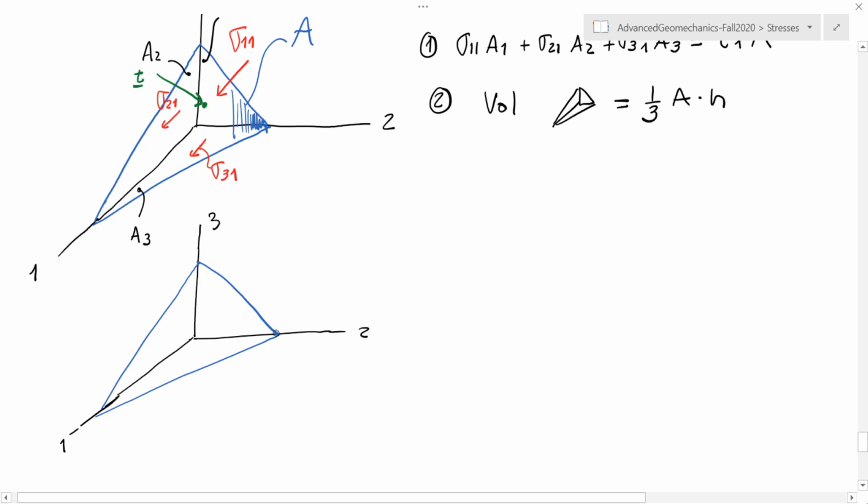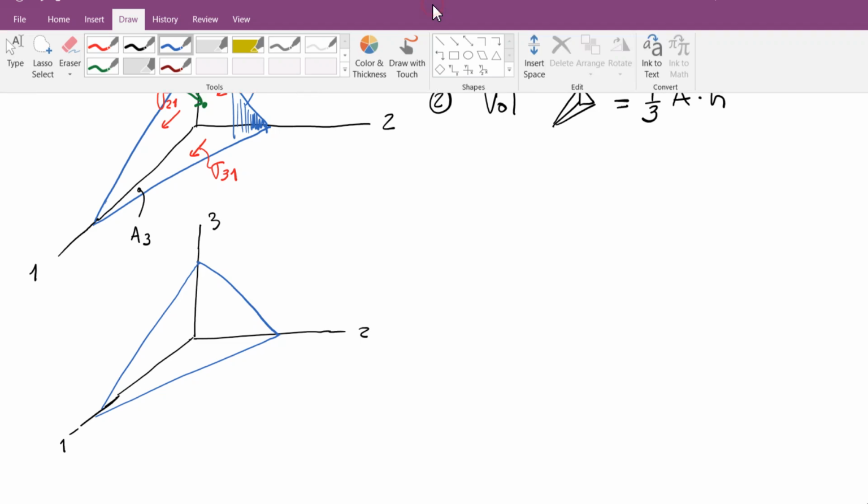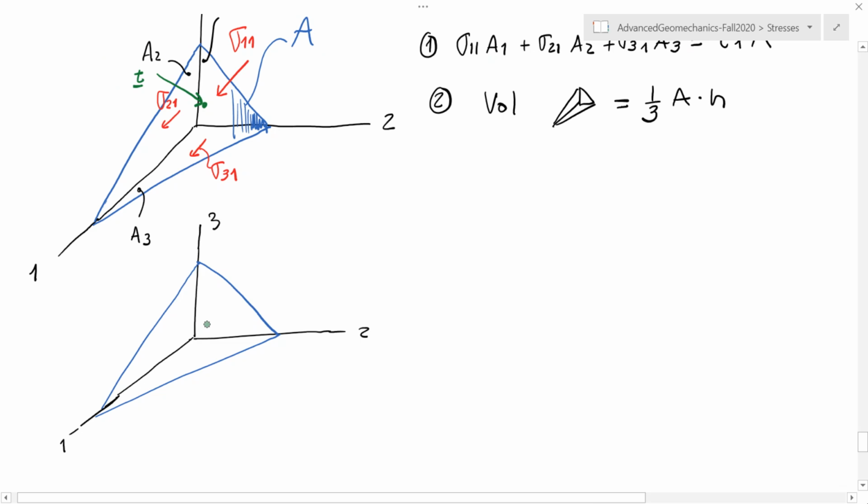And now the vertical line that joins the origin of the coordinate system with the plane A has to be a normal line to the plane A, and that's what is going to give me this distance h, or the height.